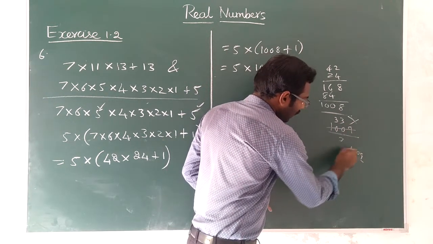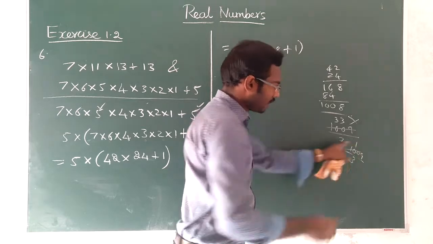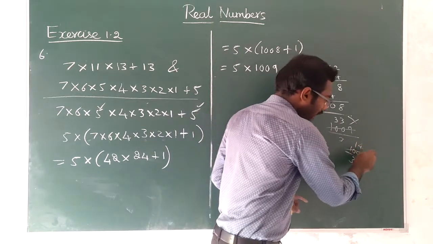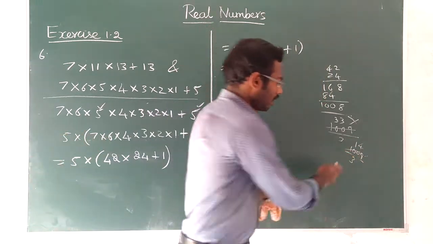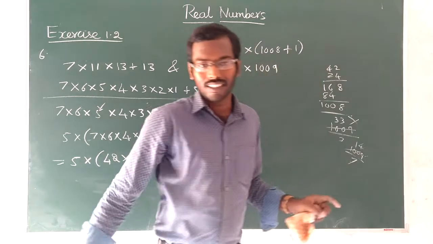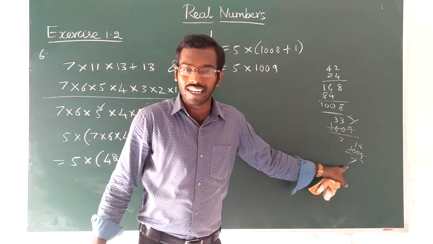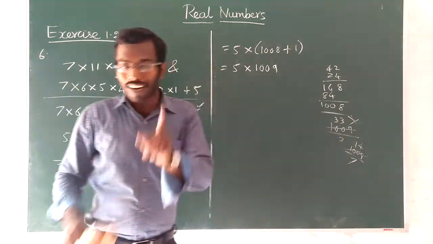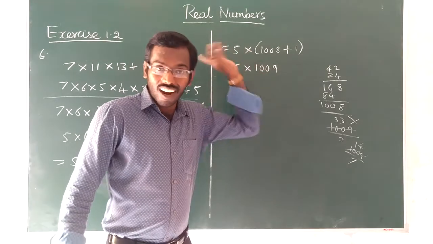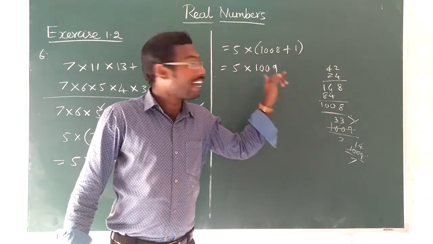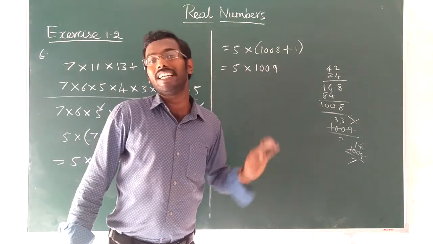1009 by 7: 10 by 7, 1 time, 30, 4 times, 29. 29 is not divisible by 7. Therefore, it is not divisible by 7. If you check that, you will find that this number is not divisible by any other number except 1 and 1009.